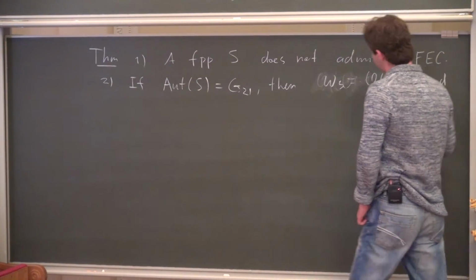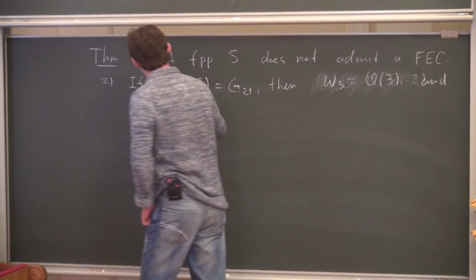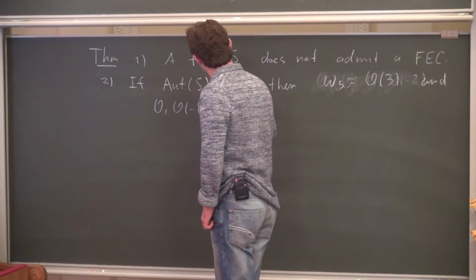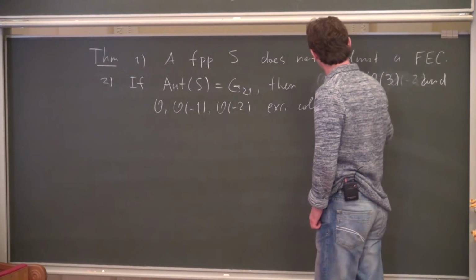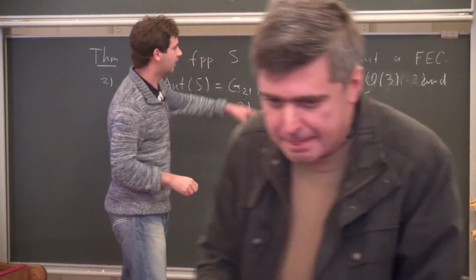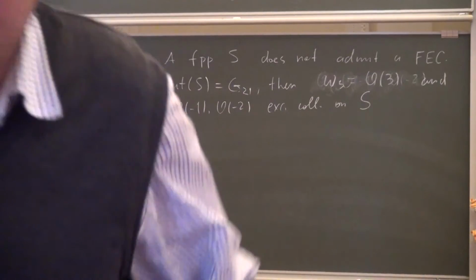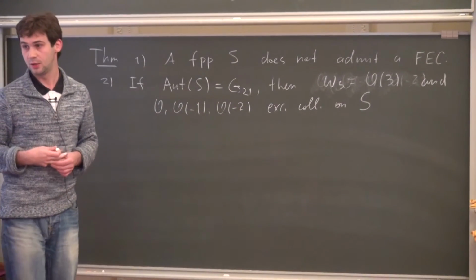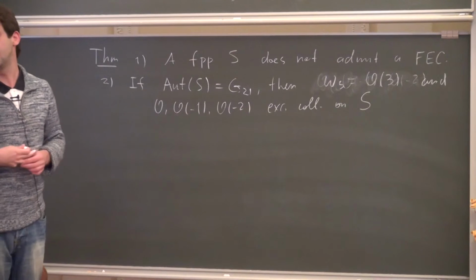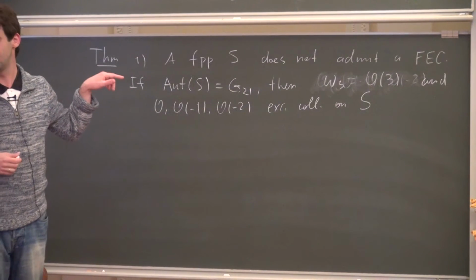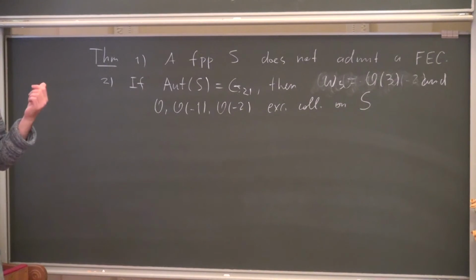And similarly as for CP2, O, O(-1), O(-2) is an exceptional collection on S. So we divide the canonical class by 3 and take these 3 things. There is a torsion in Picard. In this particular case there's no 3-torsion. Okay. So yes, it's uniquely defined.